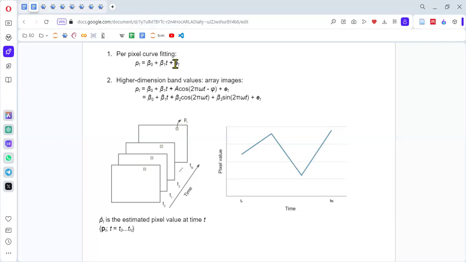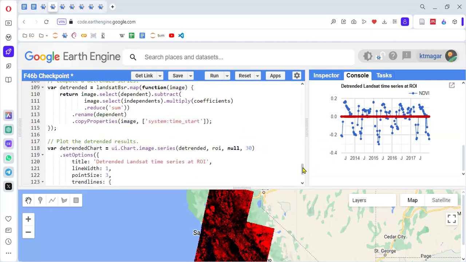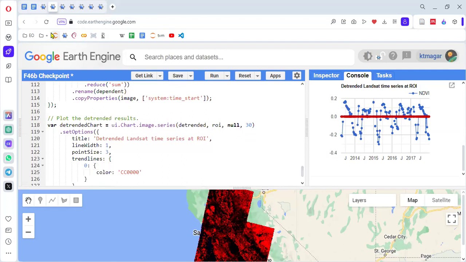So removing unwanted and uninteresting trends for the given problem will help in understanding the complex pattern in the time series. We can remove the linear trend that is evident in the data using Earth Engine's built-in tool for regression modeling. So our goal is basically to discover the values of beta.